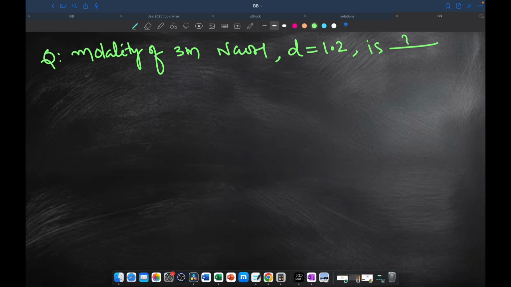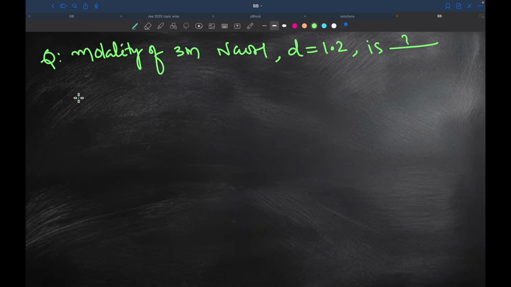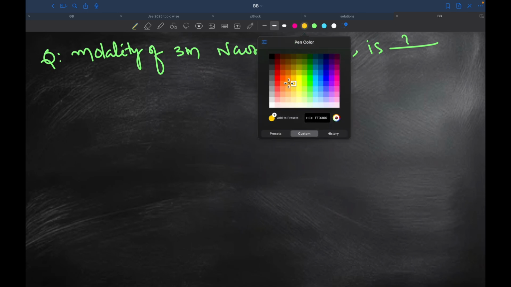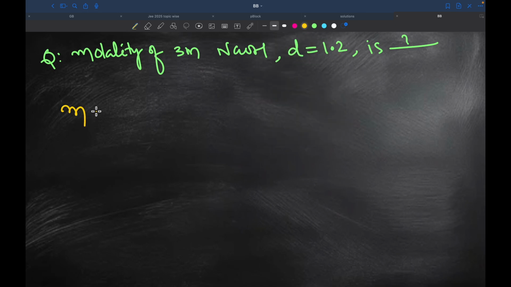Try chedddam, formula use cheddam. So the formula is again the same formula. Which formula to use? The same formula. So that is molality equals molarity into 1000 over density into 1000 minus n into molar mass.